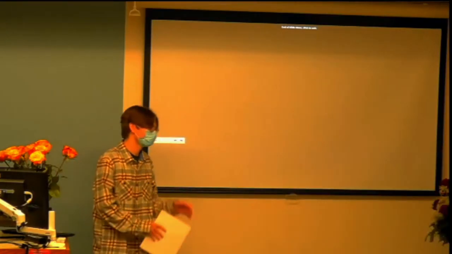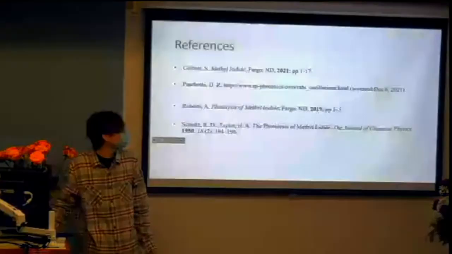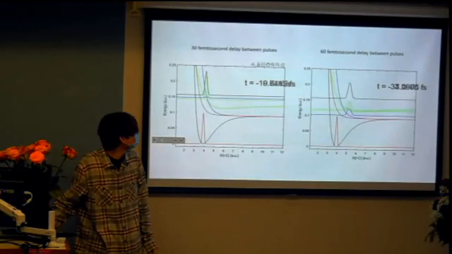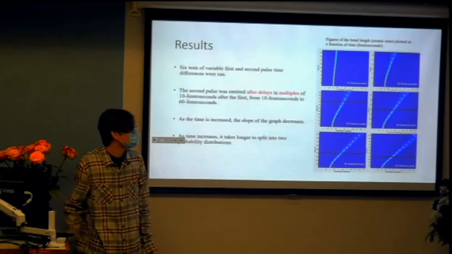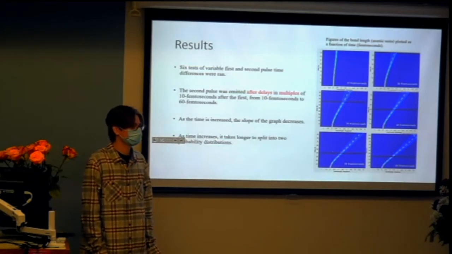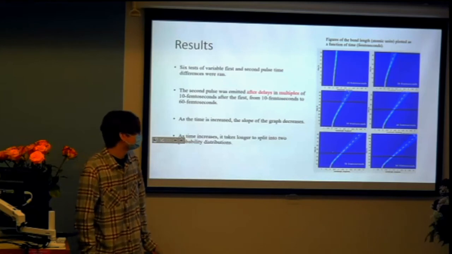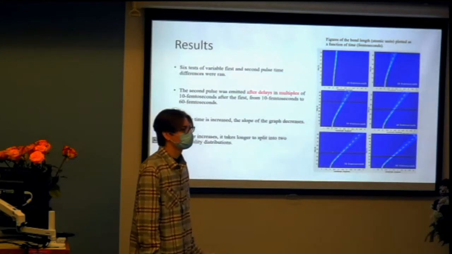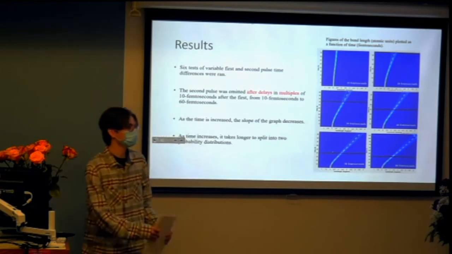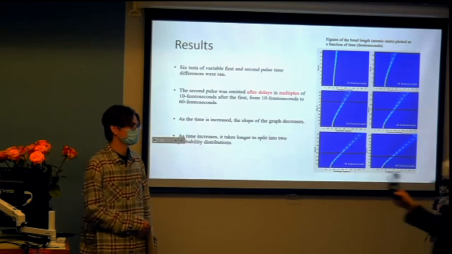We have another question. I will deliver the microphone. It was on one of your previous slides, the figure with the blue figures. What does it mean when the probability distribution splits? Why does it do that?